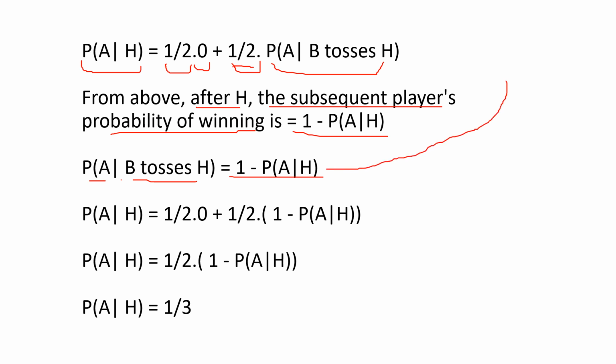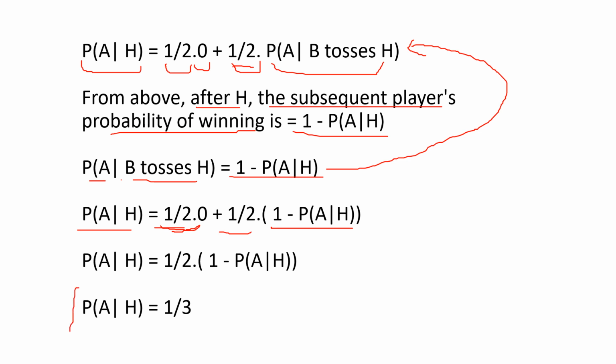We substitute this back into the equation to get the probability of A winning given that A tossed heads is 1 by 2 times 0, which is when B tossed tails and won the game, plus 1 by 2 times (1 minus PA given H), which is when B tossed heads and A's probability of winning is 1 minus PAH.